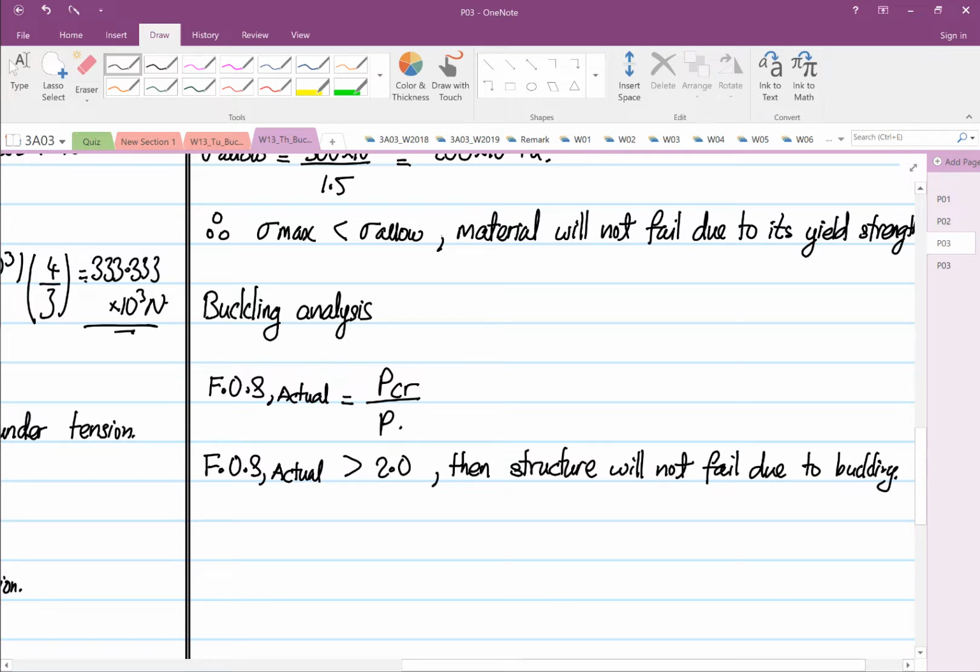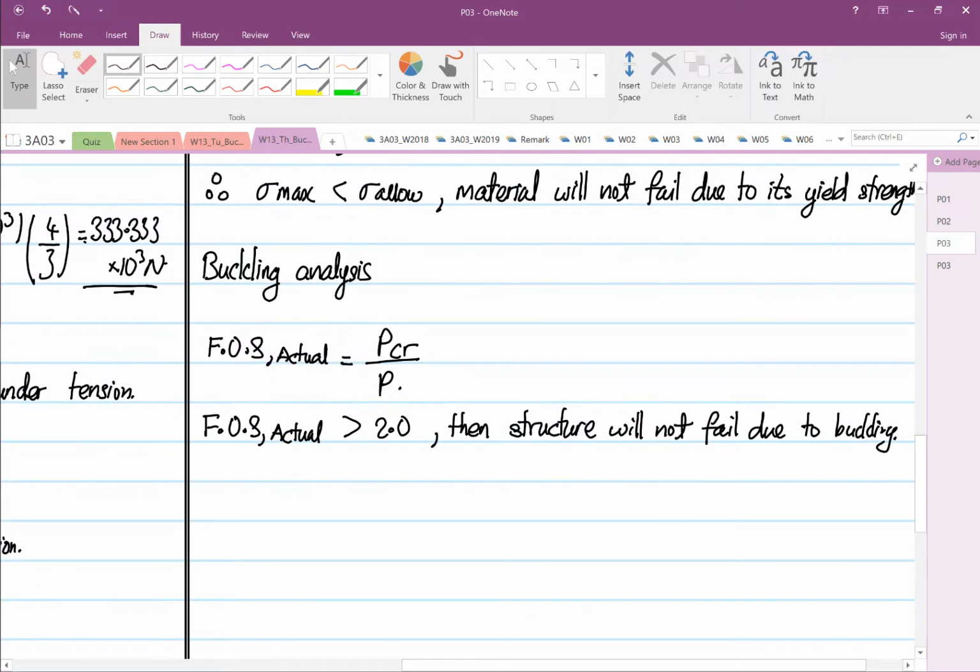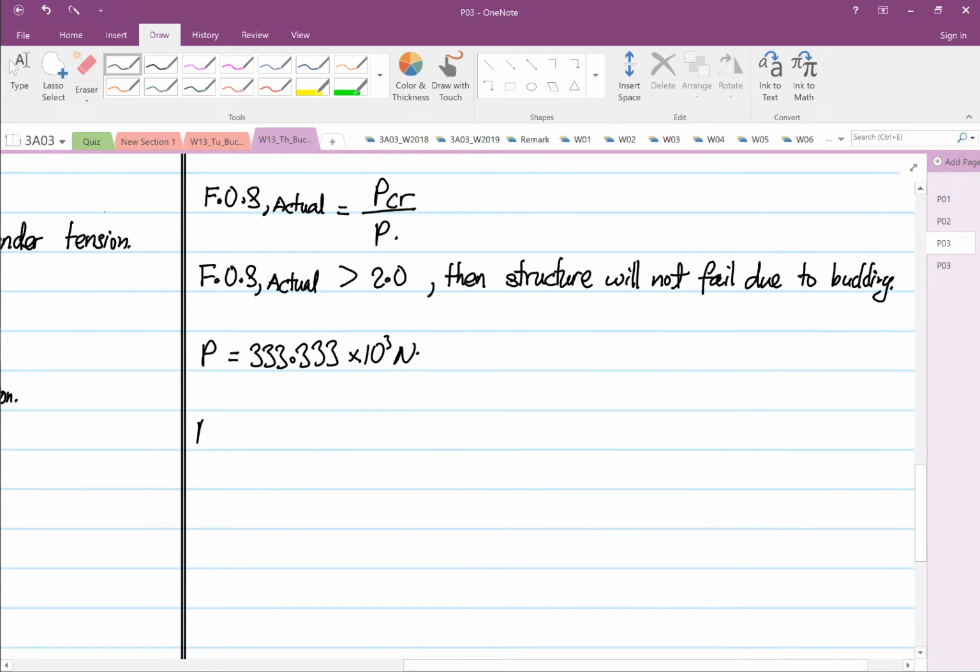Okay, so we know that P is equal to 333.333 times 10 to the power 3 Newton. Your PCR will be equal to pi squared divided by LE squared, and then multiplied by EI.